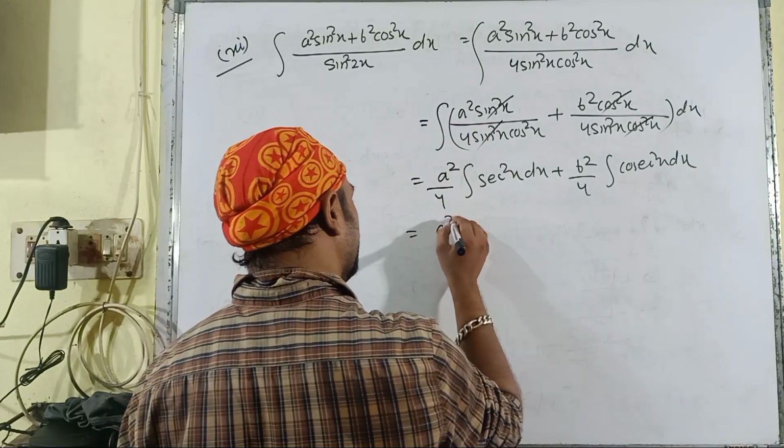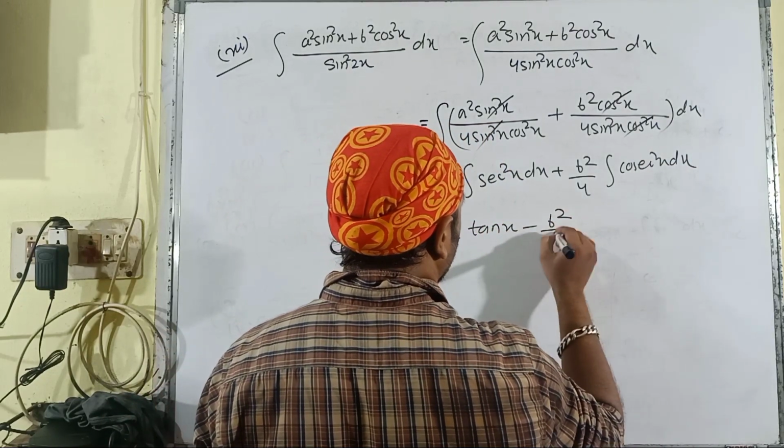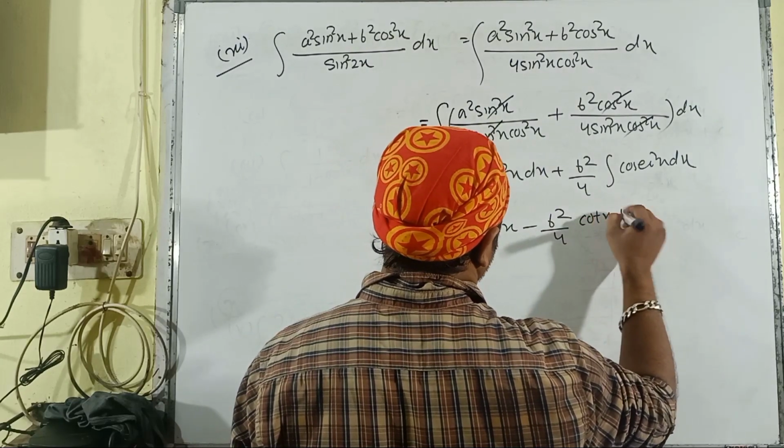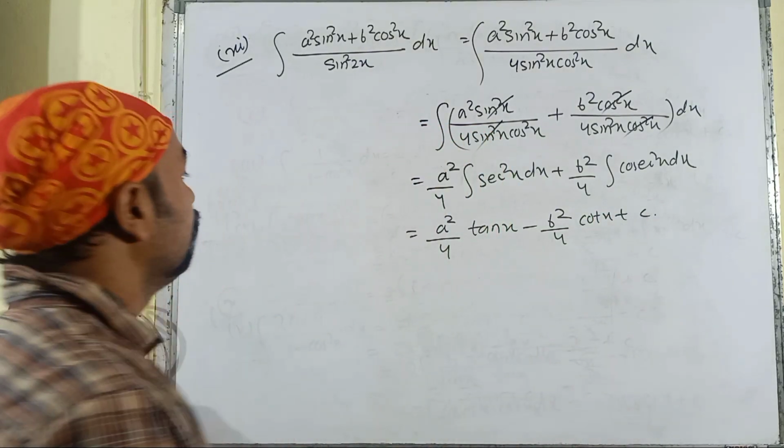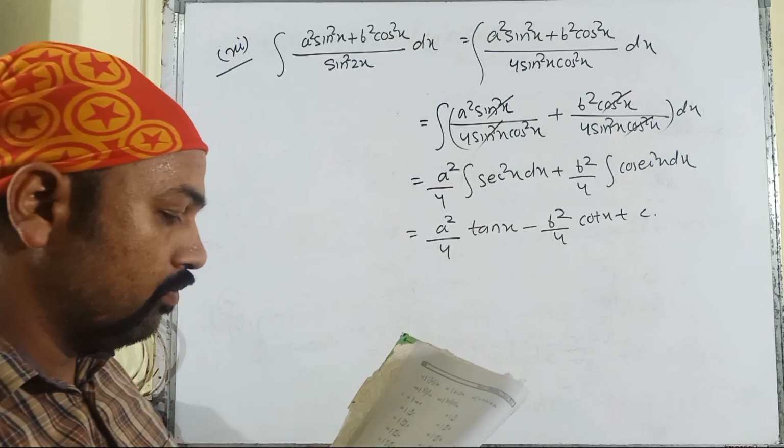Then it is a² by 4 tan x minus b² by 4 cot x plus any constant c, which is the solution for the 11th bit of number 2.